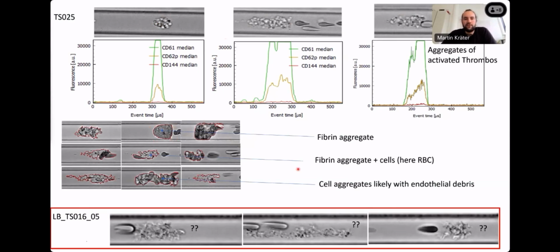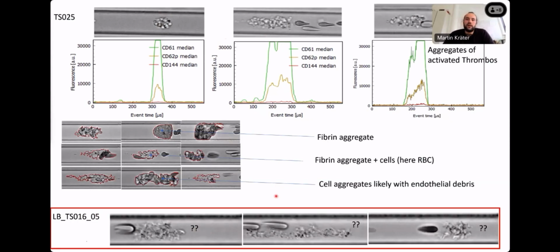Then we find clots, fibrinogen aggregates, and other cell aggregates, like for example red blood cells, as you have seen in the electron micrographs. Plus, we have huge cell aggregates, which we think are endothelial debris. Furthermore, from time to time, we see real crystal structures where we are not yet sure what they are.